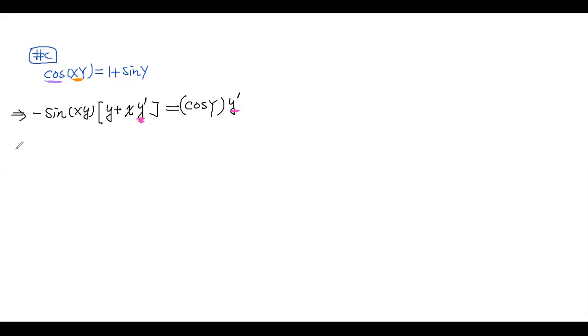Okay, then the remaining will be how good is your algebra. So foil it. The first term will be negative y sine(xy) minus x y prime sine(xy) is equal to cosine y times y prime here.